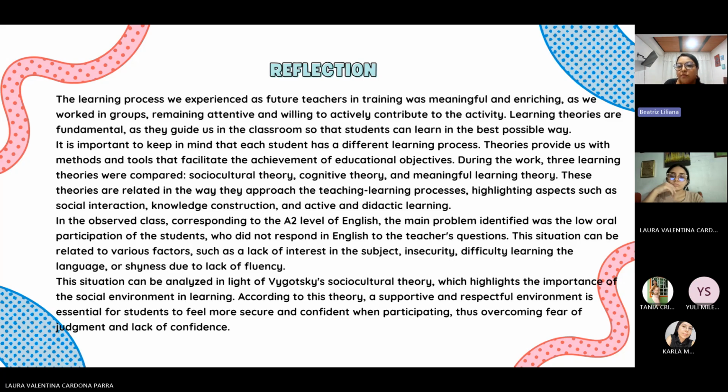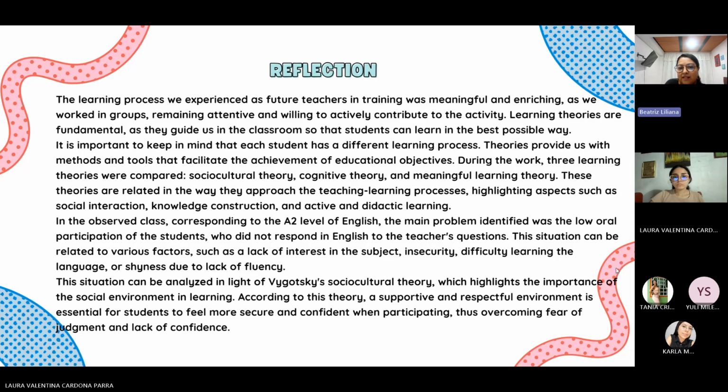During the work, three learned theories were compared: sociocultural theory, cognitive theory, and meaningful learning theory. These theories are related in the way they approach the teaching-learning process, highlighting aspects such as social interaction, knowledge construction, and active and didactic learning.